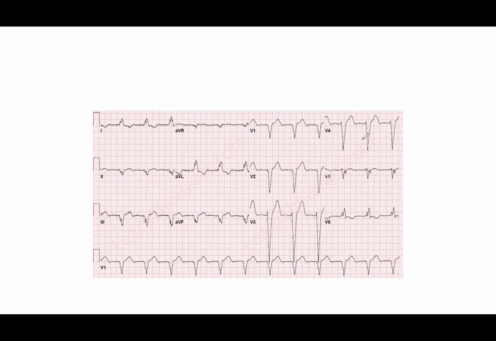So if we're just looking at a bundle branch here, we ask ourselves which type of bundle branch block it is. V1, lead one, V6. Got a little bit of a double R here, right?